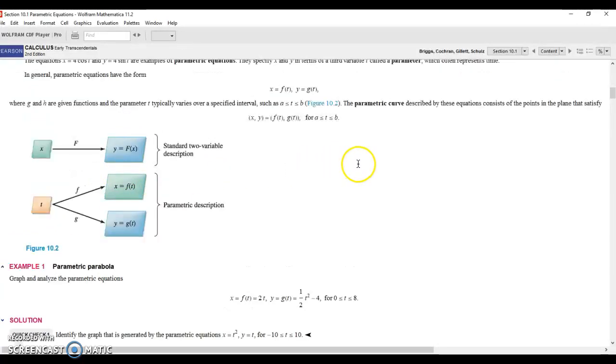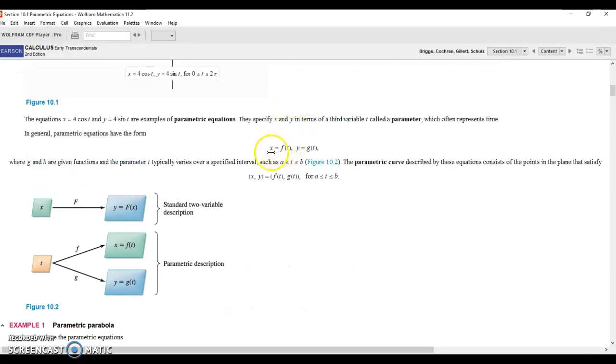There's a couple different ways to write that. You might see it written separately as x is f of t, y is g of t, or as an ordered pair, f of t, g of t, and you have to set some range on the parameter t. That's a really important part that gets forgotten quite often.